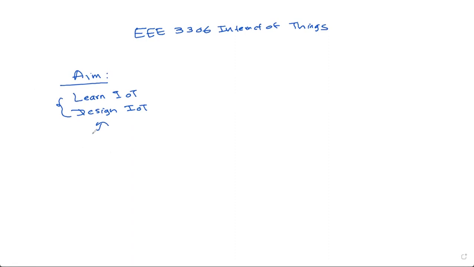Right. So if I'm going to brief you regarding the course outline, first we will be learning about the IoT network architecture, its components, functions of each component, and so on.